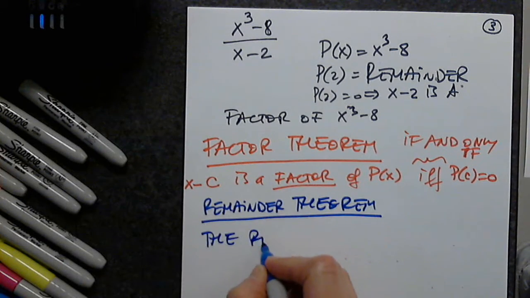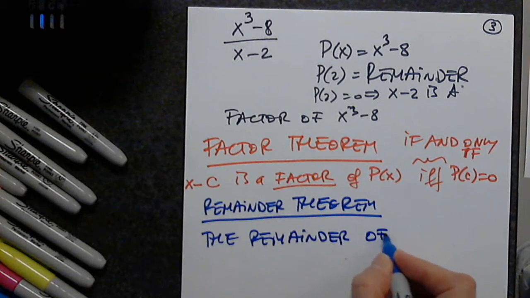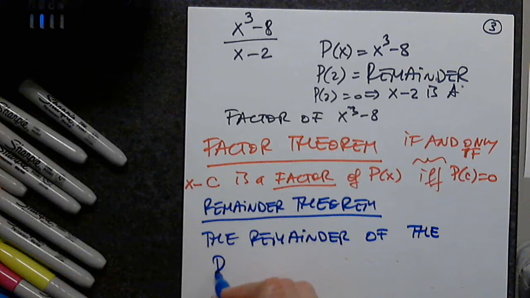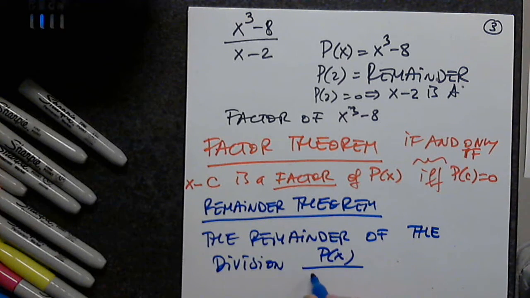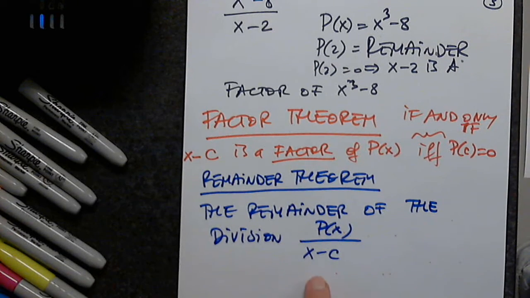The remainder of the division P of x over x minus c. As you notice, it's not x squared minus c. It's not x squared plus 1. No, it still has to be in tune with the synthetic division.